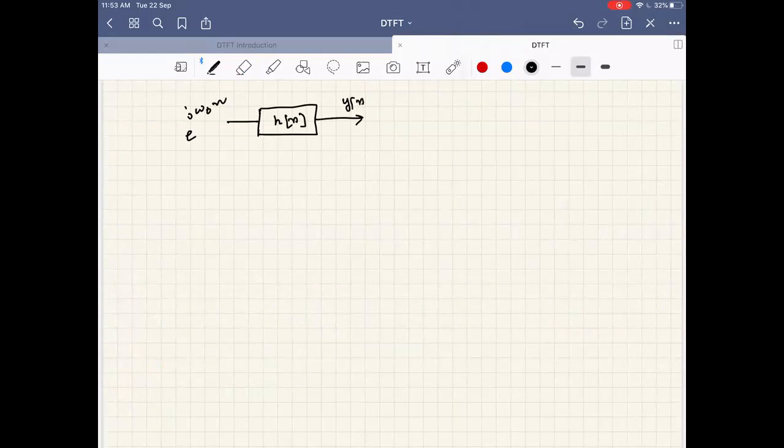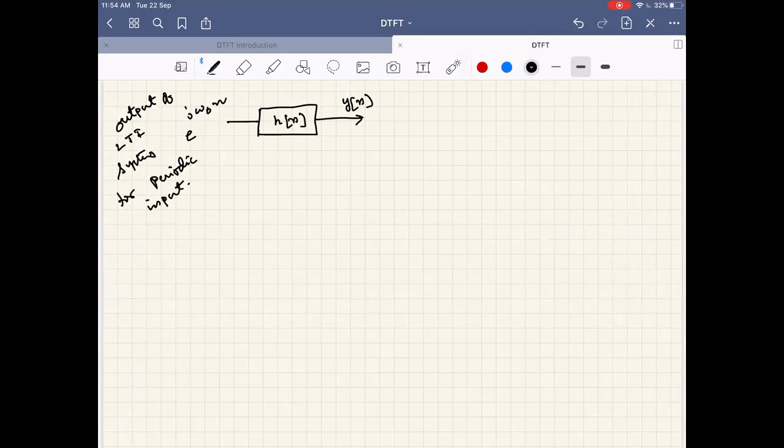Y of n is our question. Output of LTI systems for periodic input. Since all the discussion is on discrete, we are not explicitly saying that it is a discrete periodic, periodic discrete time signal.